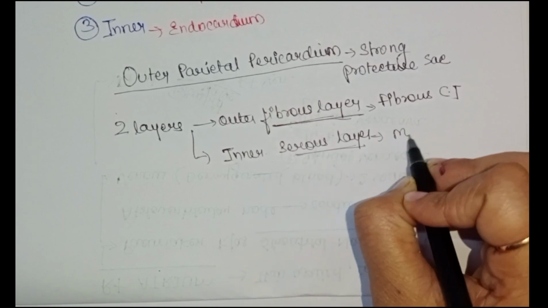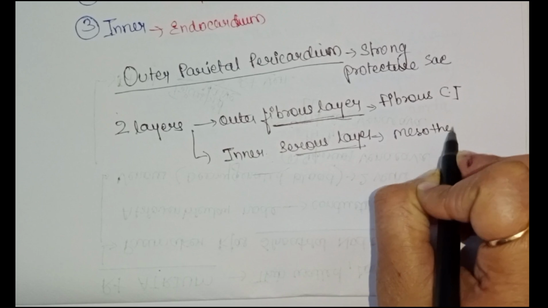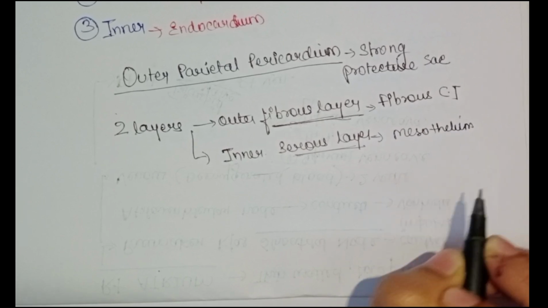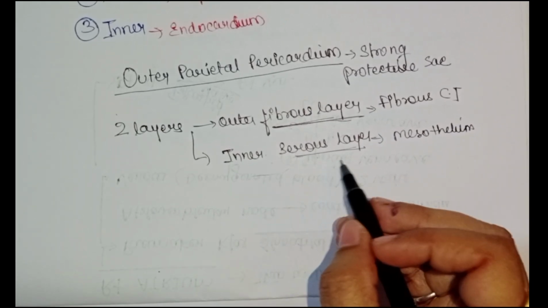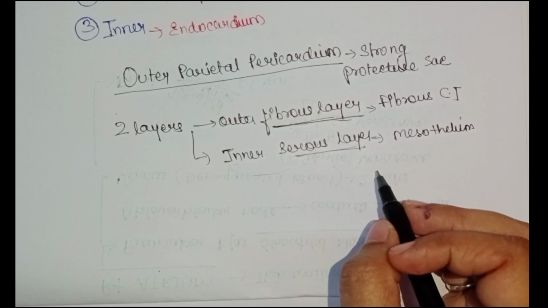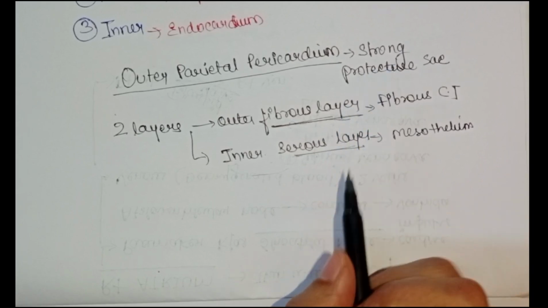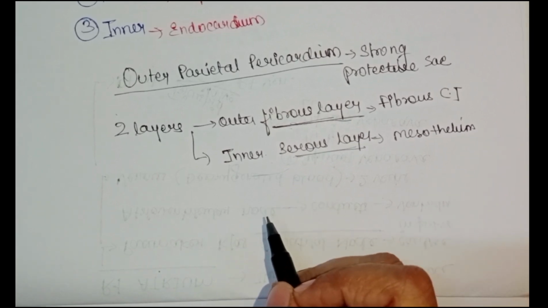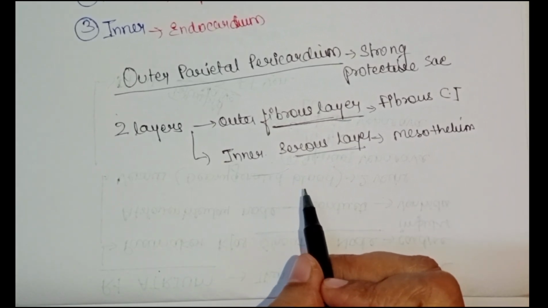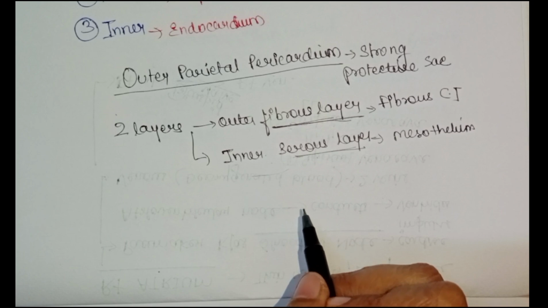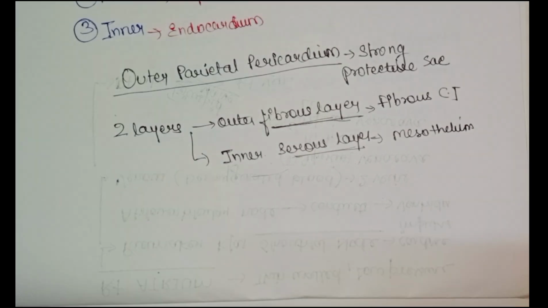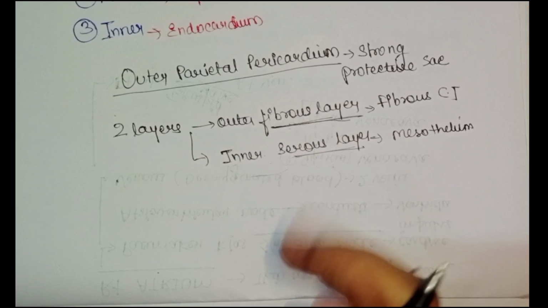The inner serous layer is formed by mesothelium and a small amount of connective tissue. Mesothelium contains squamous epithelial cells which secrete a small amount of fluid which lines the pericardial space. This fluid prevents friction and allows the free movement of the heart within the pericardium when it contracts and relaxes.